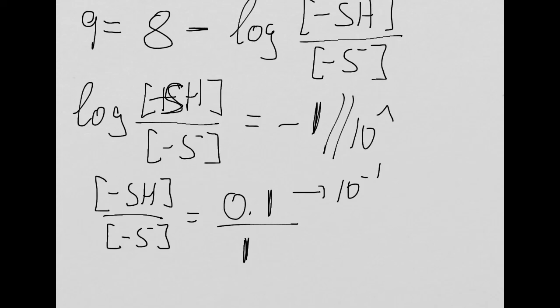I just multiply both parts by 10, and I get 1 divided by 10. That would be my ratio. So I have 1 molecule in the SH form and 10 molecules in the S minus form.